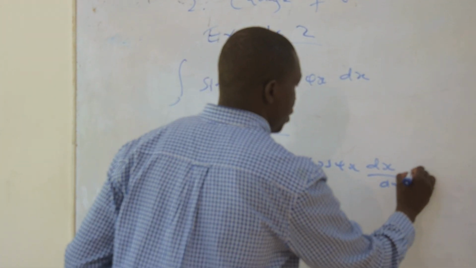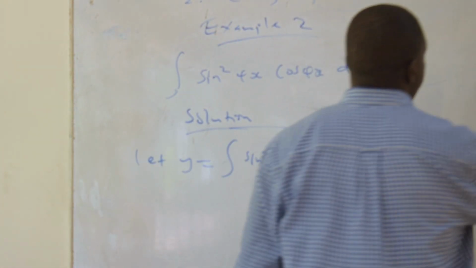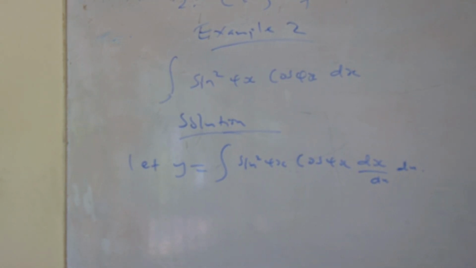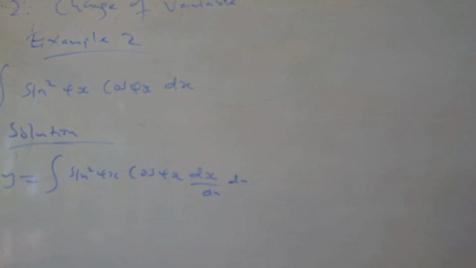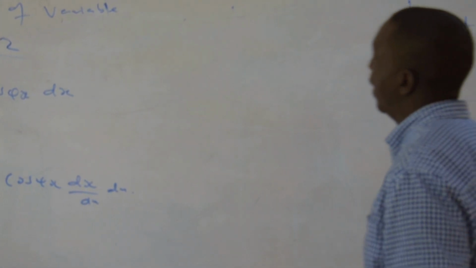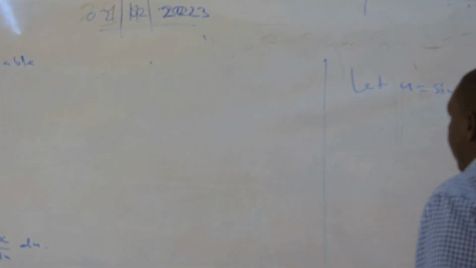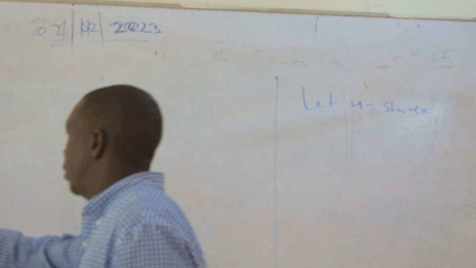Again, we can let u be equal to sine of 4x, because if you differentiate sine of 4x, you get cos of 4x.